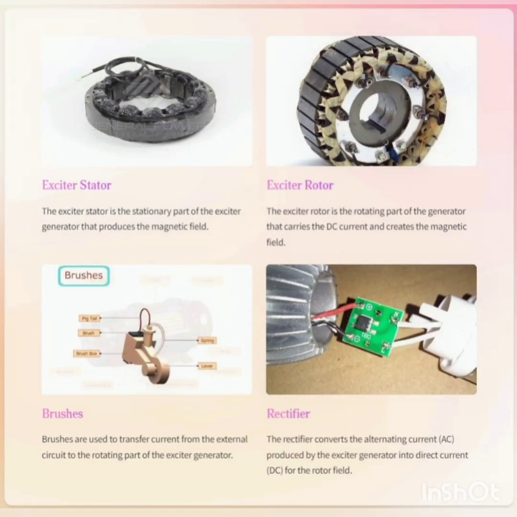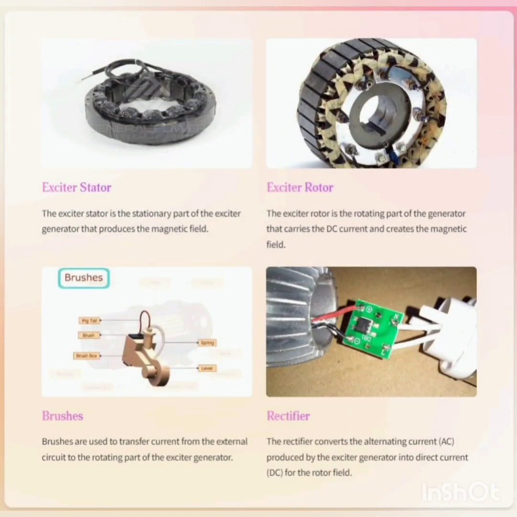Okay, the exciter stator. The exciter stator is the stationary part of the excitation generator that produces the magnetic field, and the exciter rotor. The exciter rotor is the rotating part of the generator that carries the DC current and creates the magnetic field.